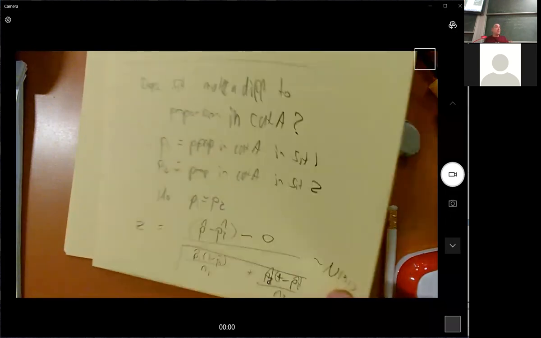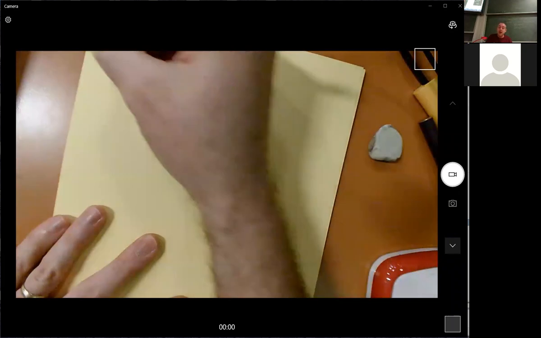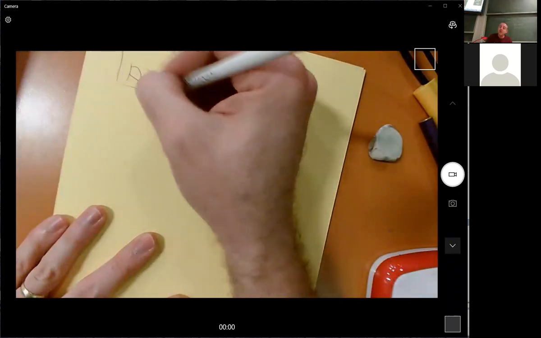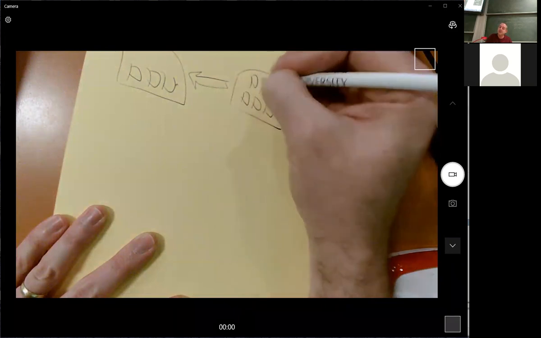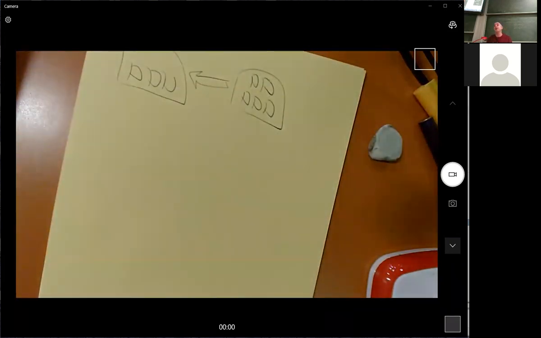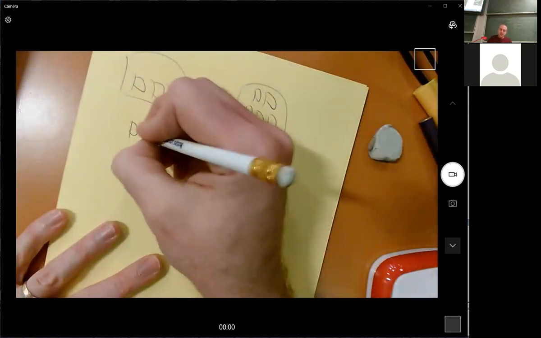But there's a different way of dealing with this, which is to look at all the categories simultaneously, instead of just focusing on one and saying, does that proportion change? Because this I can use to create a confidence interval if I want. But if I don't want a confidence interval, and if I didn't care how many categories were involved on either side, then I could use all the categories simultaneously and still ask the same question.